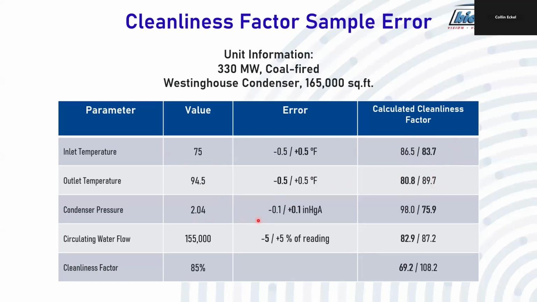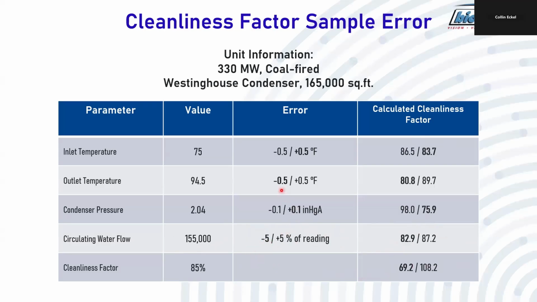The condenser pressure with an error of plus or minus 0.1 inch of mercury absolute results in a cleanliness factor error of plus or minus 13% or so. And circulating water flow with an error of plus or minus 5% of reading results in a cleanliness factor error of approximately 2%.